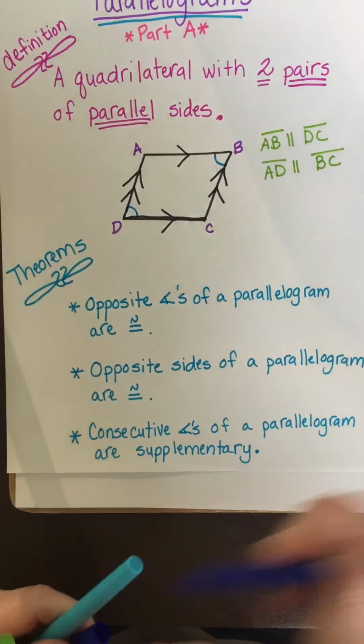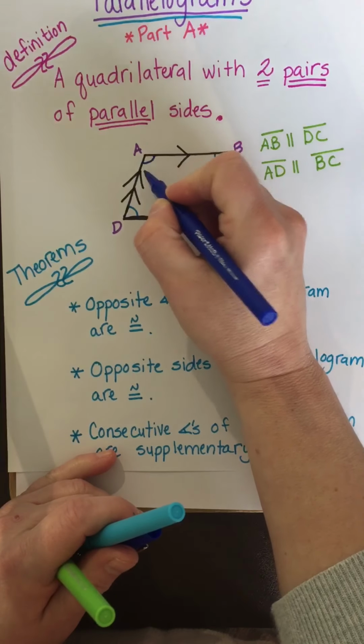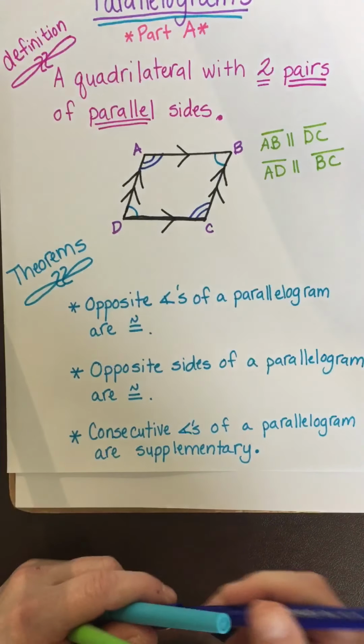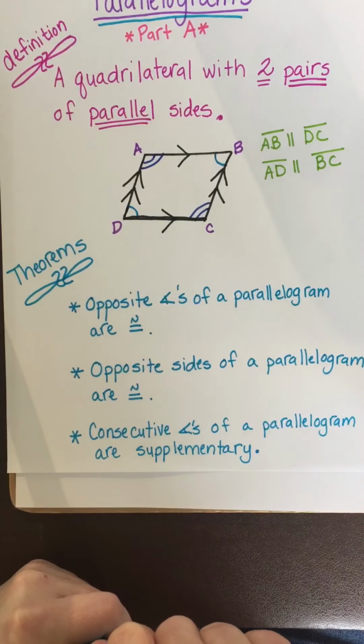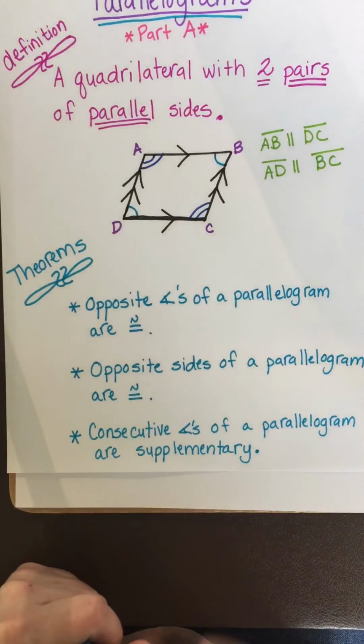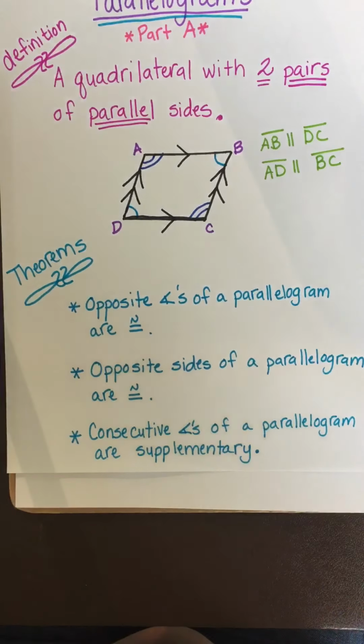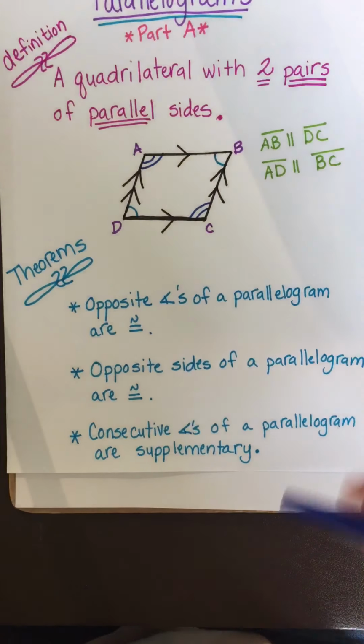And angle A is congruent to angle C. So if you have a parallelogram, then opposite angles are congruent. They are the same measure. They are equal. All right?